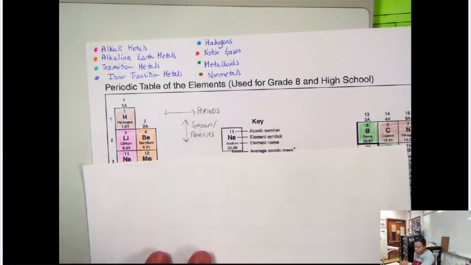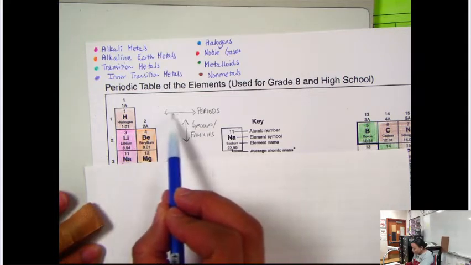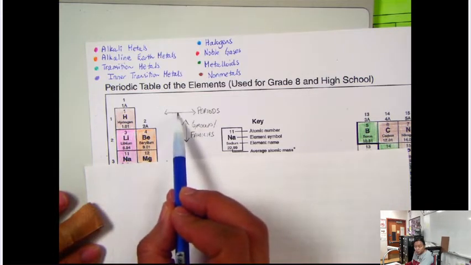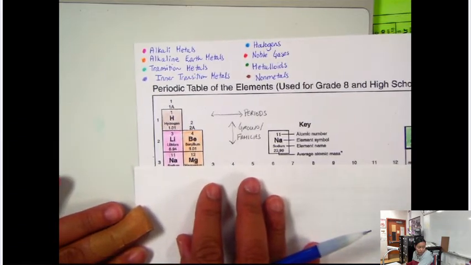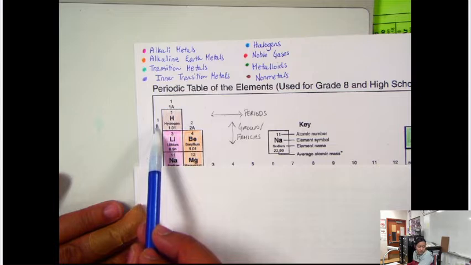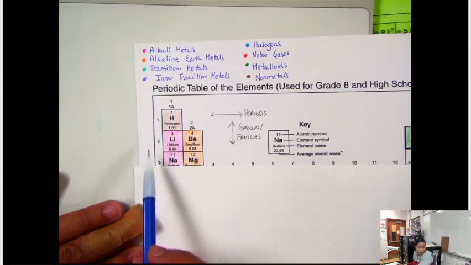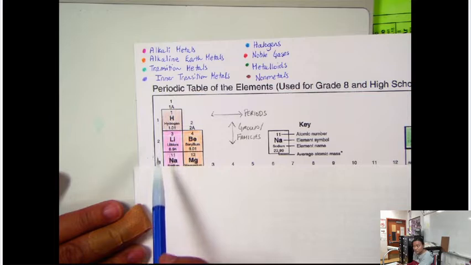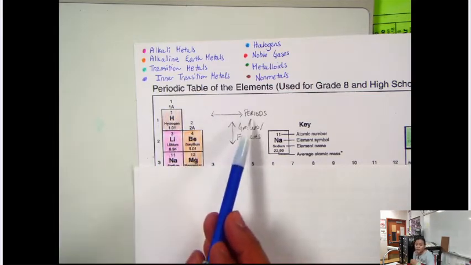If you are looking across a row, I said previously when we were looking at these numbers that these were energy levels: energy level 1, energy level 2, energy level 3, all the way down to 7. What these rows are actually called is periods. That's the formal name for it.